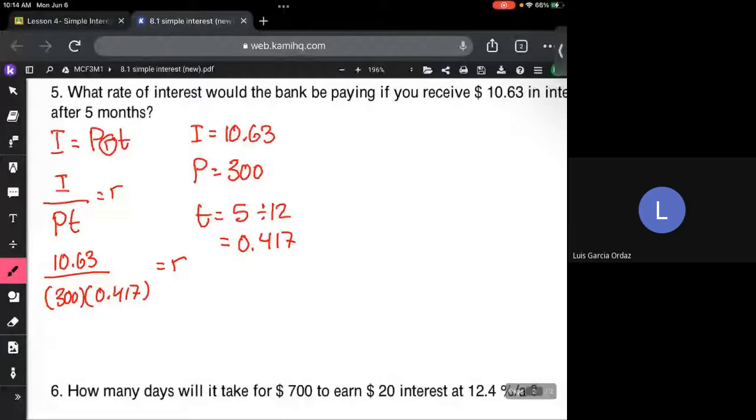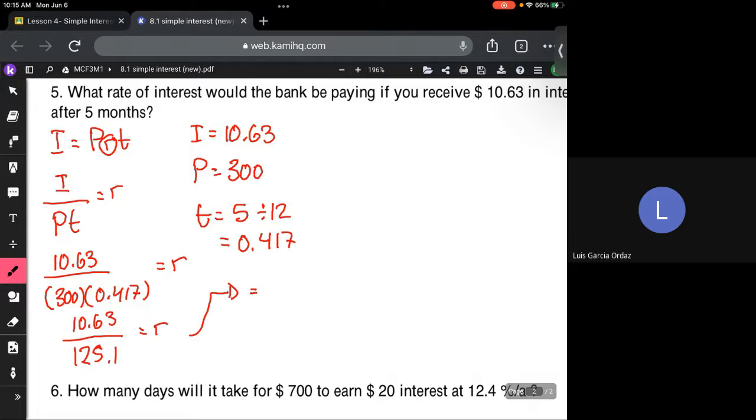So again, do your denominator first. 300 times 0.417 gives me what? Okay. So now I need to take 10.63 and divide it by 125.1.